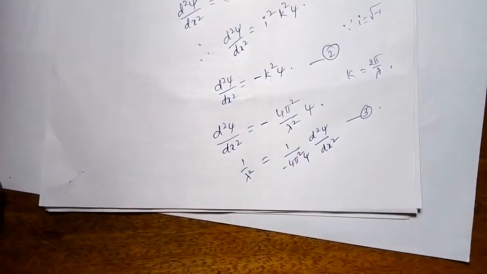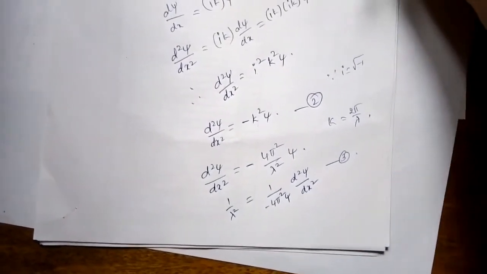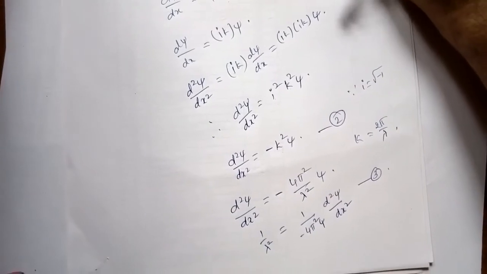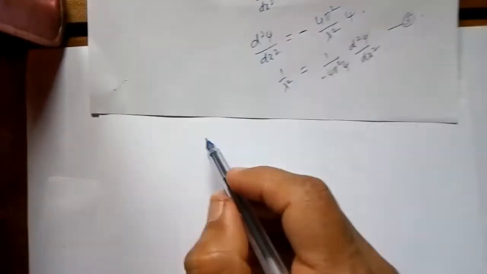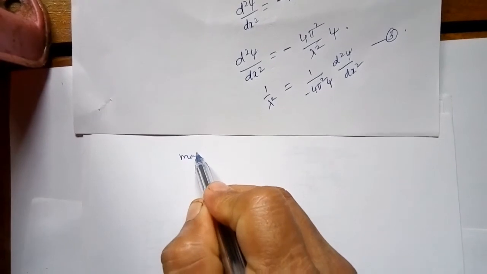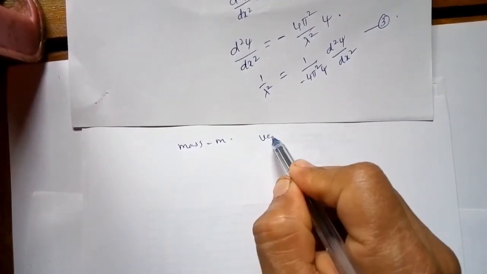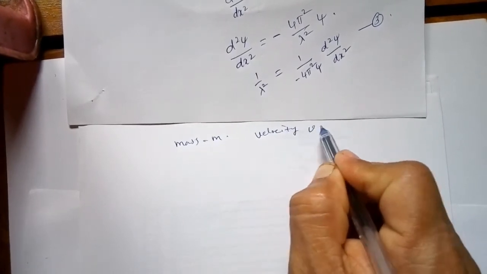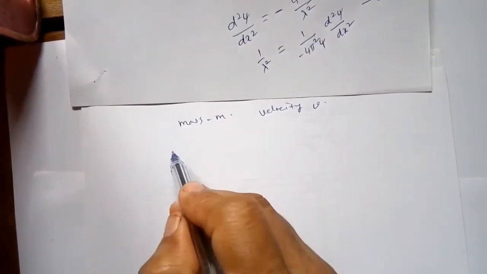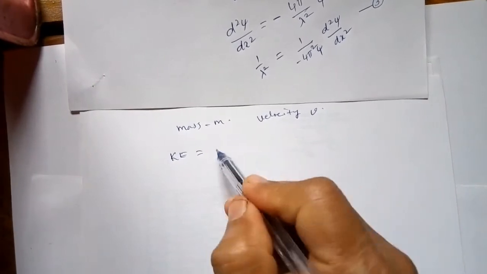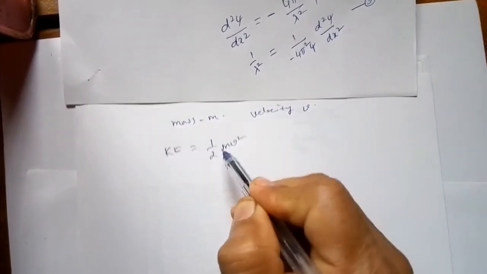Now we know that the kinetic energy of a moving particle of mass m and velocity v is given by kinetic energy K is equal to half m v square.